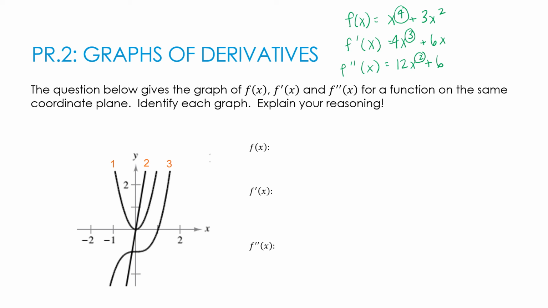So again, what I'm looking at here is it looks like function 1 is a parabola. So this is going to be an x squared function. And we don't know what all of the other parts are, and we don't need to. It could just be y equals x squared. Function 2 is a linear function. It's a line, which means it's y equals mx plus b, so it's x to the first.